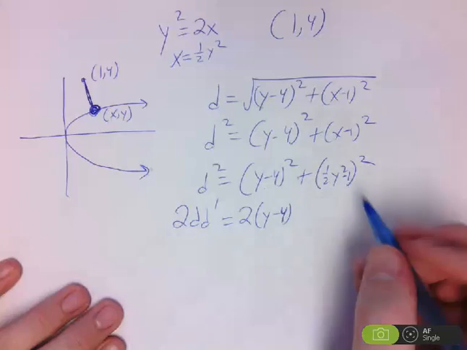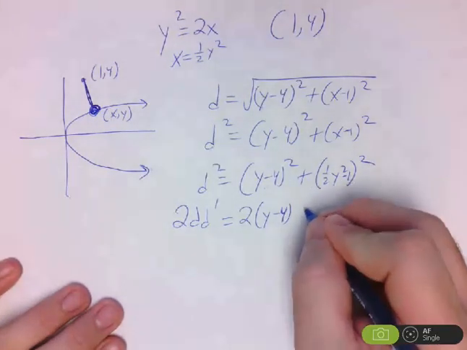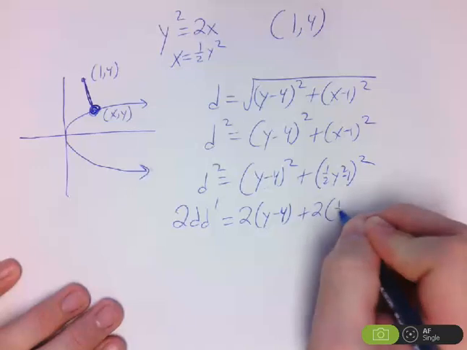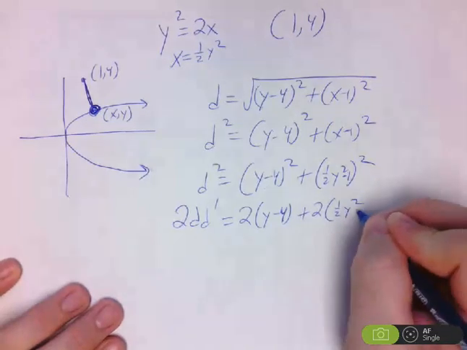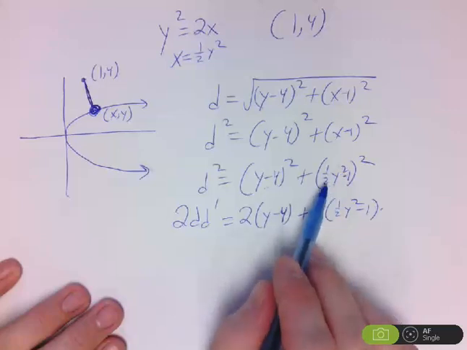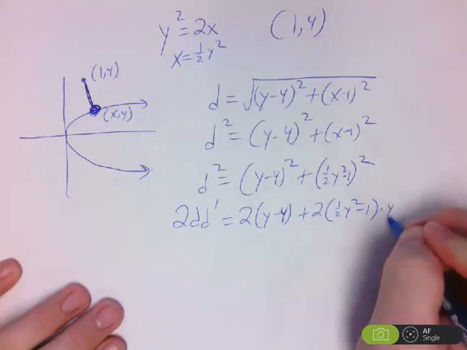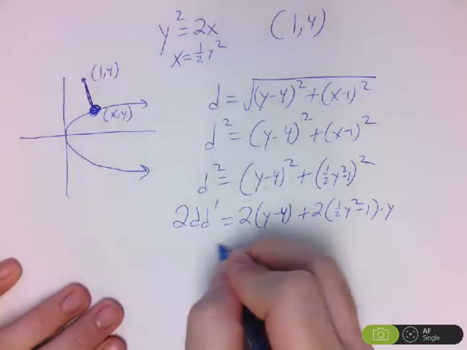We could have done it with x, and it would have been the same idea. So plus 2(1/2 y squared minus 1) to the first times the chain rule kicker here. 2 times 1/2 is 1, so this is just going to turn into y.